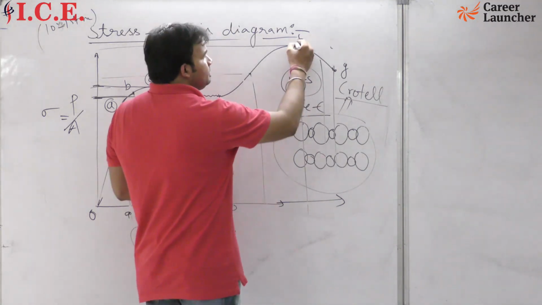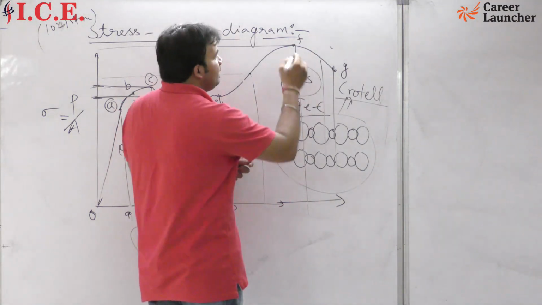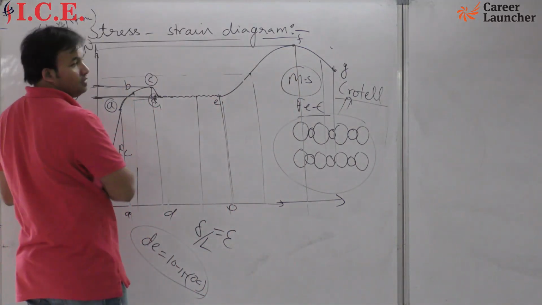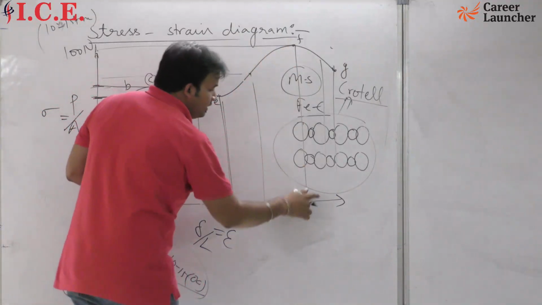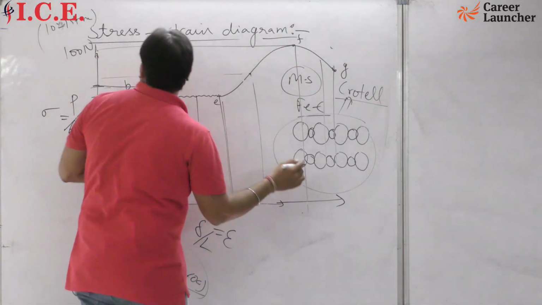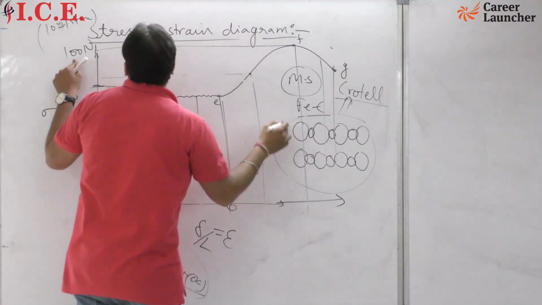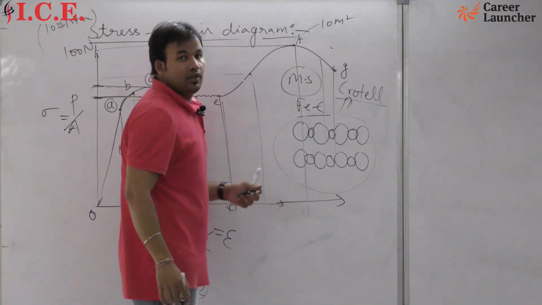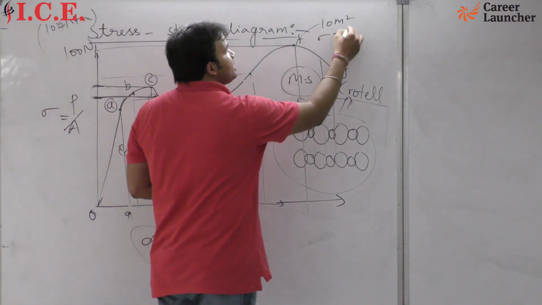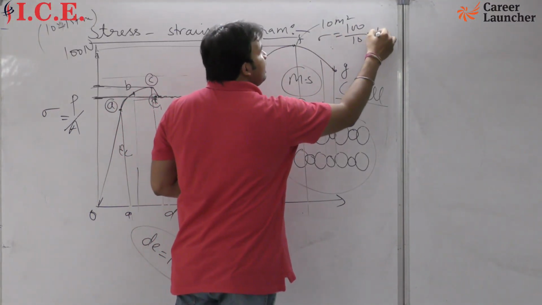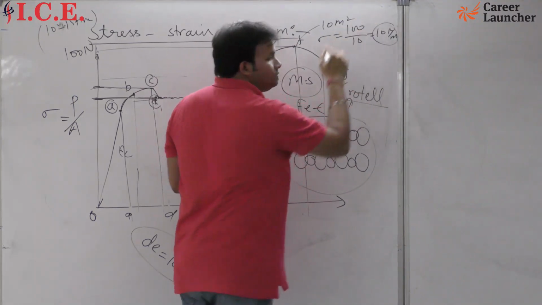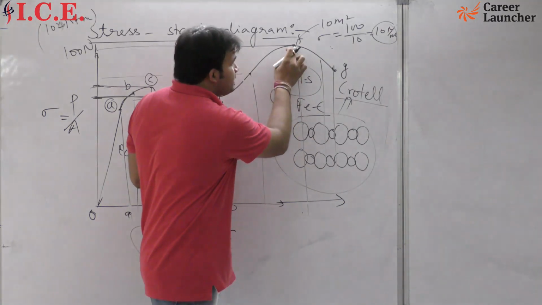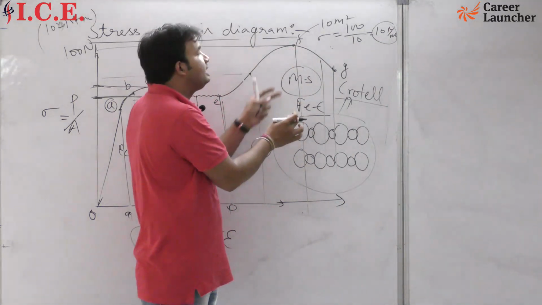It means, suppose for example, here your load is 100 Newton and the area at this point of the specimen is 10 meter square. So in that condition the stress is equal to 100 upon 10, that means 10 Newton per meter square. And beyond this point F there will definitely be necking.